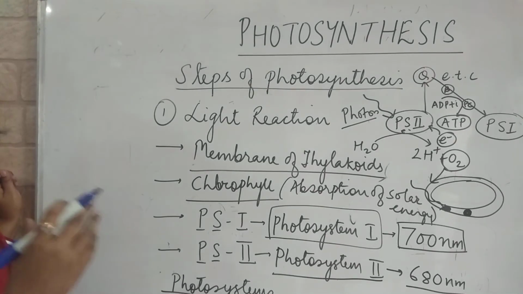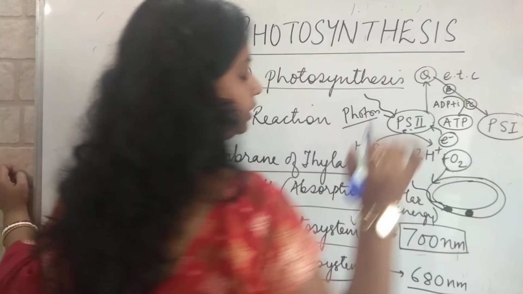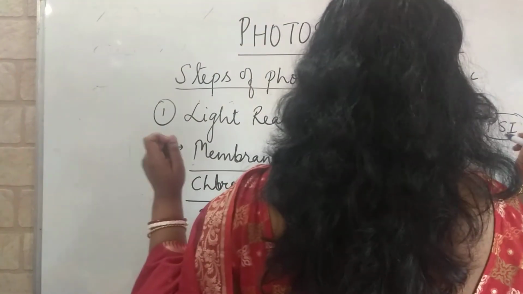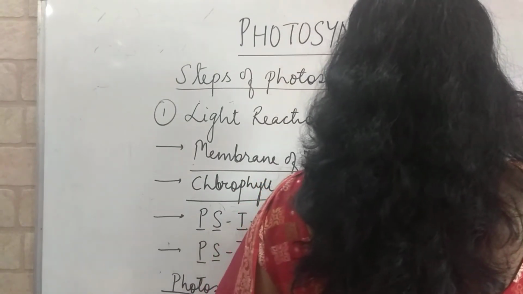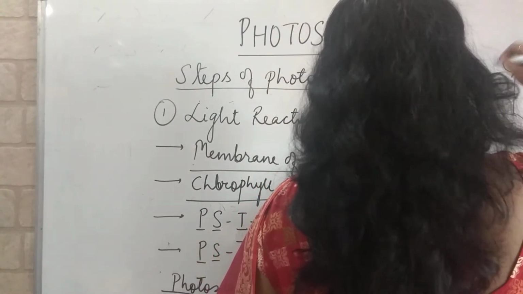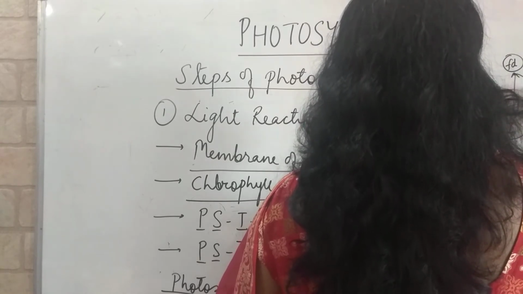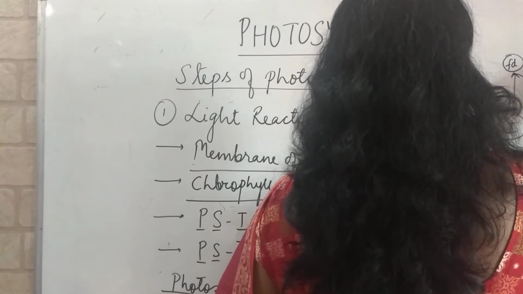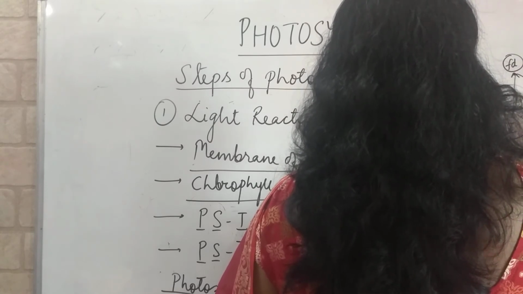The most important part of light reaction is converting the solar energy into chemical energy. The electrons which are passed to photosystem 1 again will be passed to another molecule, ferredoxin, which will help in conversion of NADP to NADPH.